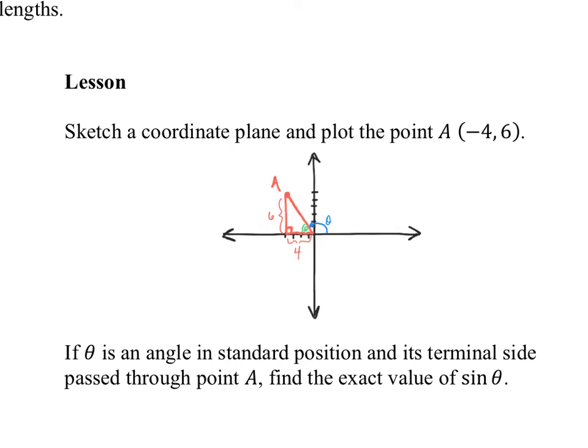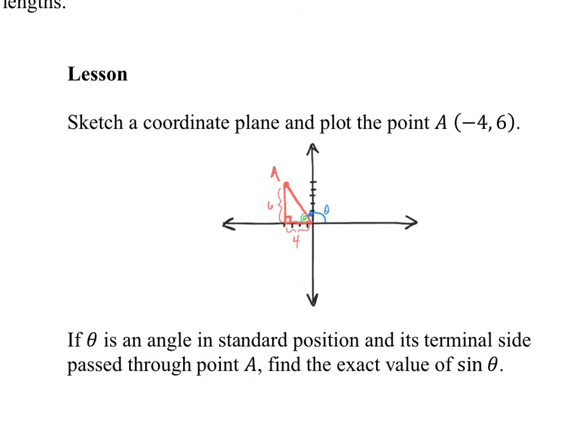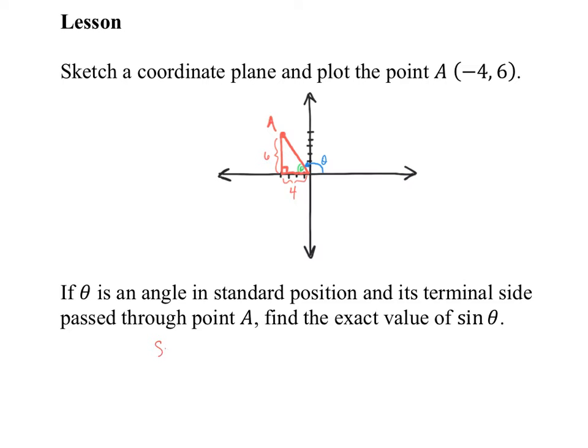Well, I know about sine that sine of any angle is proportional to the opposite side of the right triangle divided by the hypotenuse of the right triangle that angle is within. So what I've done is taken this question and made it about a triangle, which I can do. So I just need to know what the lengths are of the opposite side of this right triangle and the hypotenuse side of this right triangle.